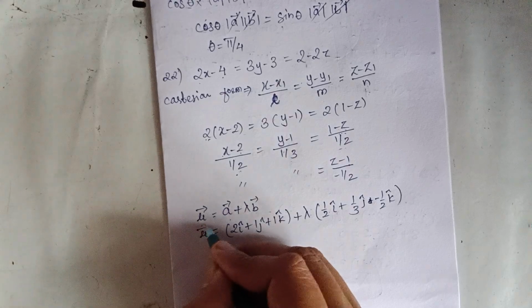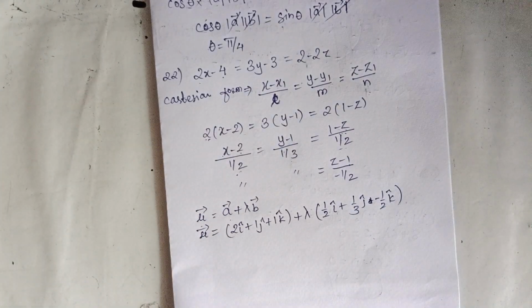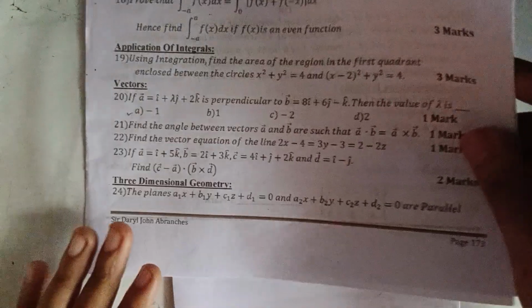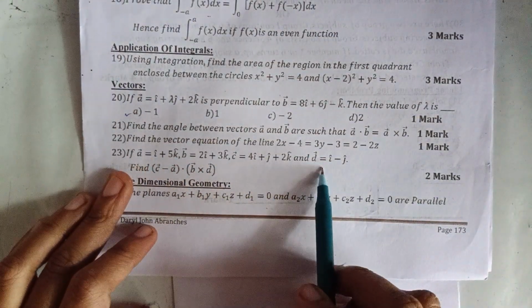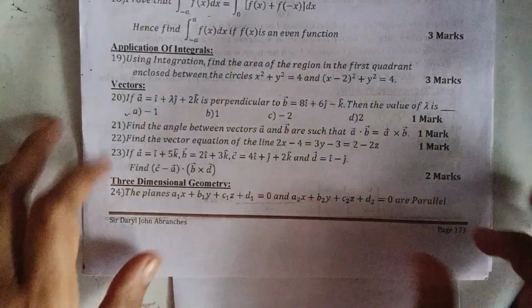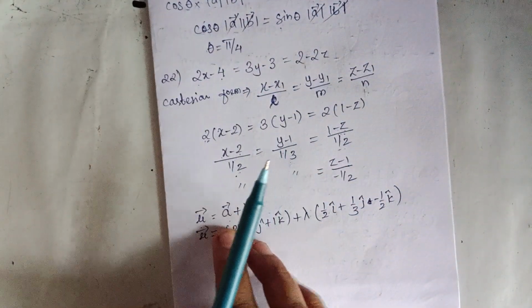Okay, this is our vector form. Next is you are given A, B, C and D. You have to find this. Okay, simple it is.